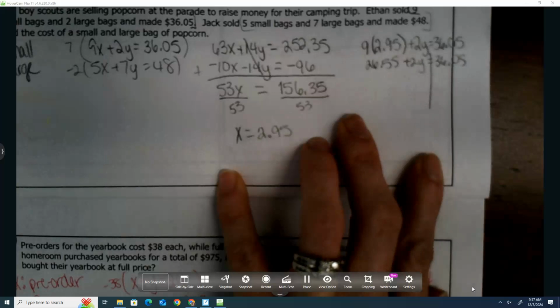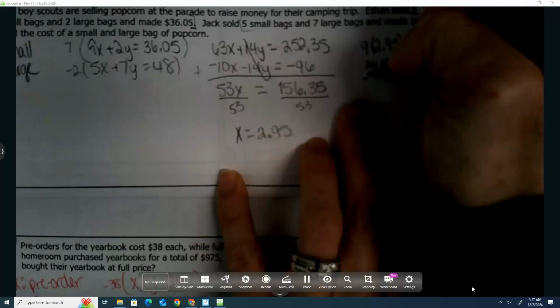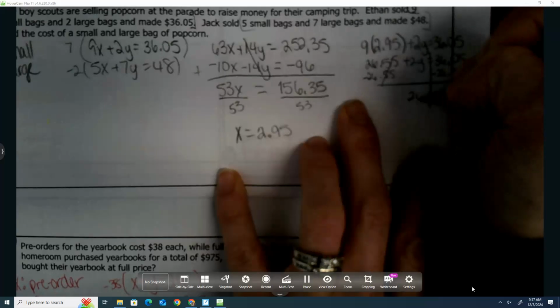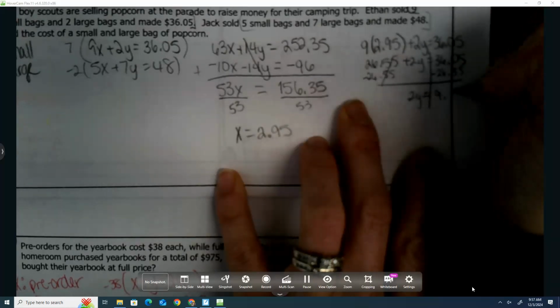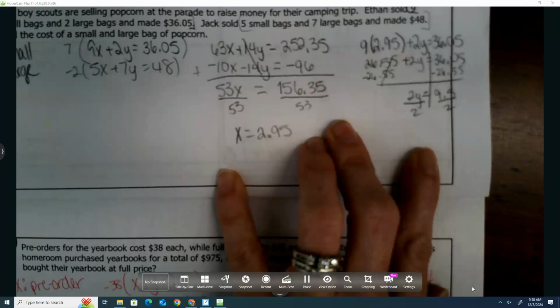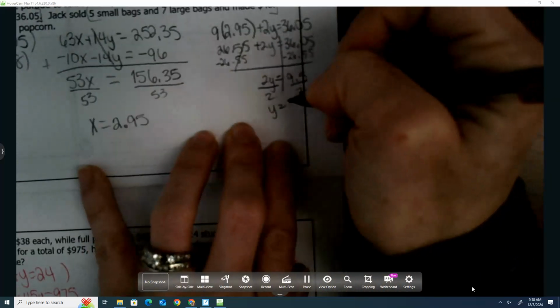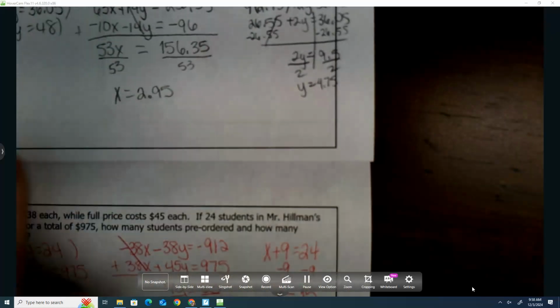What do we do next? Okay, so 2y equals 9.5. Divide by 2, and y is 4.75. And on these, you do have to answer the question.